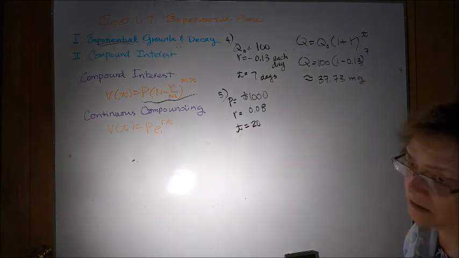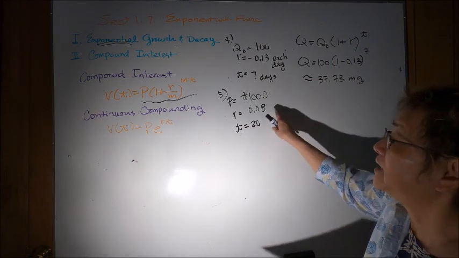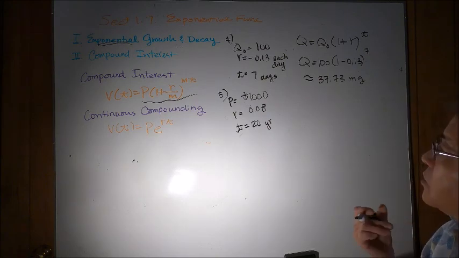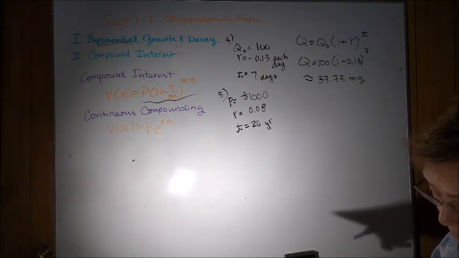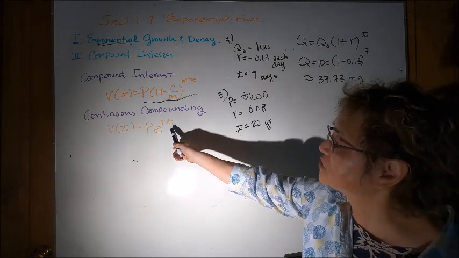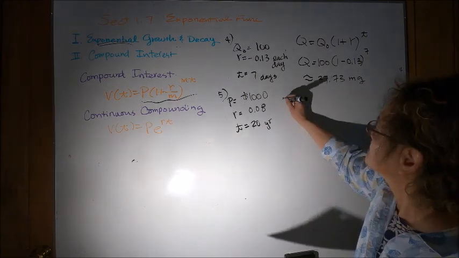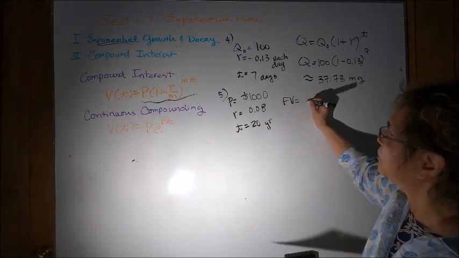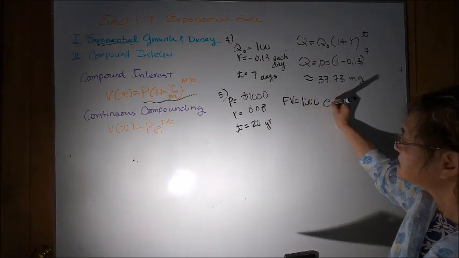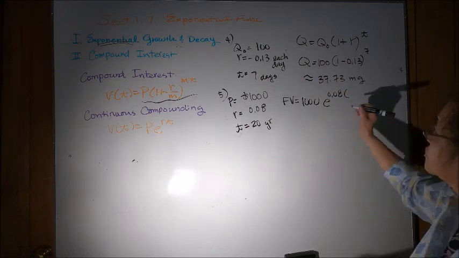Annual rate is always by the annual, right? Then this one would be 20 years. So once a year, that's what we are saying, because for continuous compounding we just use the annual rate and per year. Then according to this formula, your future value would be what? Your 1,000 times e to the power of R, 0.08, T is 20.